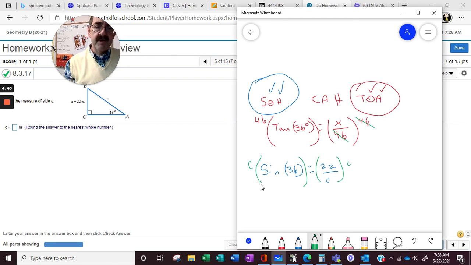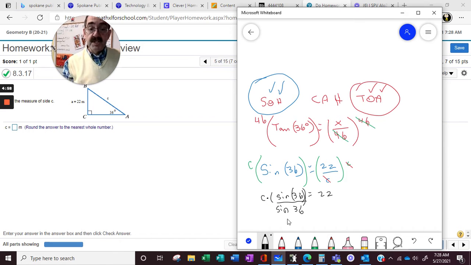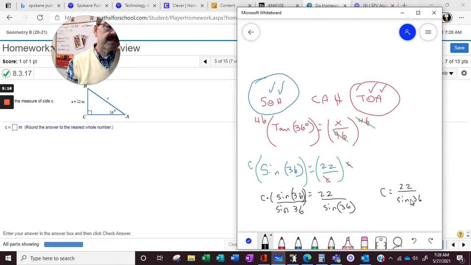So we multiply both sides by C. C divided by C goes away, leaving us with C times the sine of 36, which is equal to 22. This is just a number. Just undo the multiplication, so we divide both sides by the sine of 36. Once you do a bunch of these, do you see how the C went here and the sine went here? We end up with C equals 22 over the sine of 36.